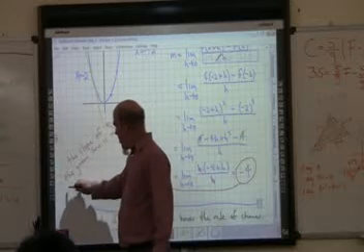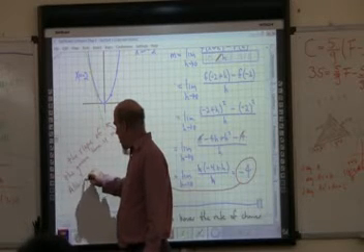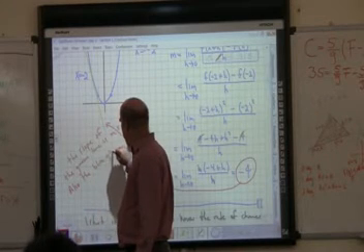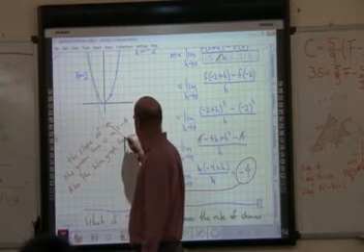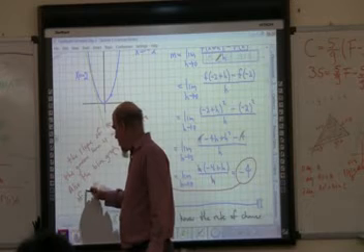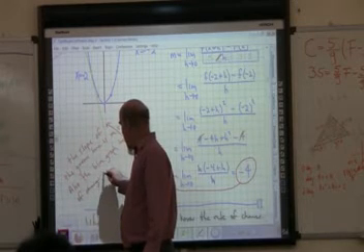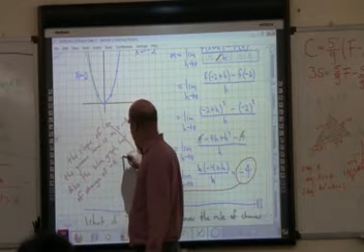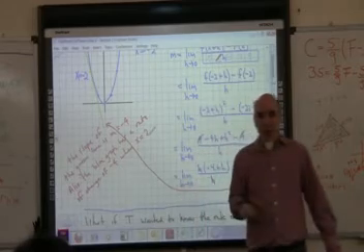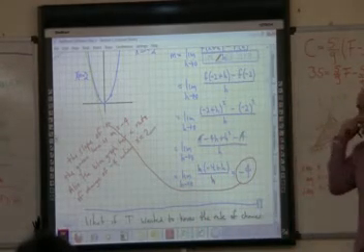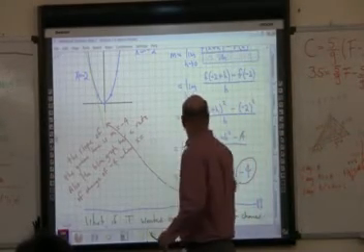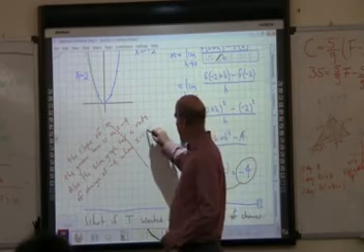Also, the blue graph has a rate of change of negative 4 when x is equal to negative 2. Notice the difference between how I might think about these.